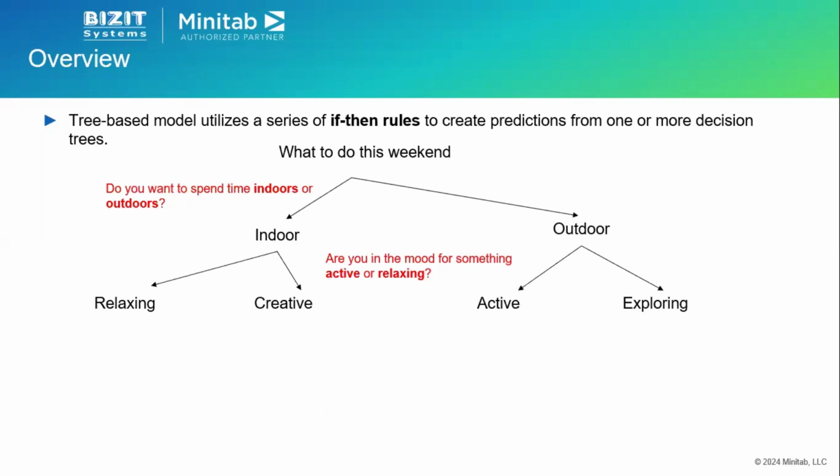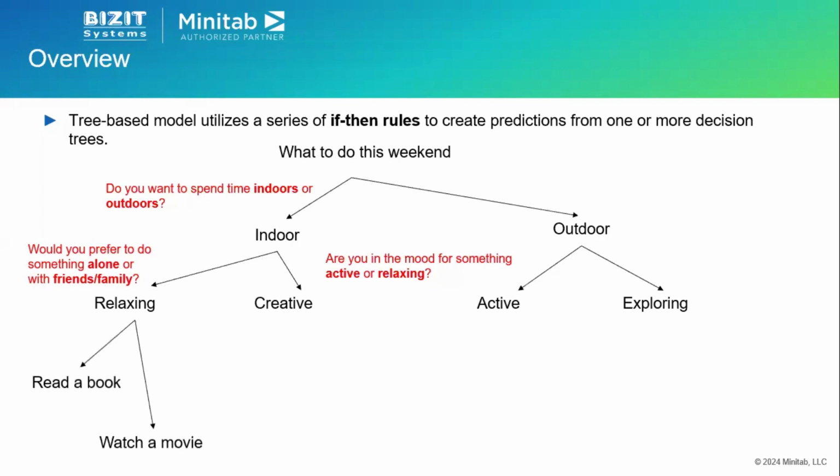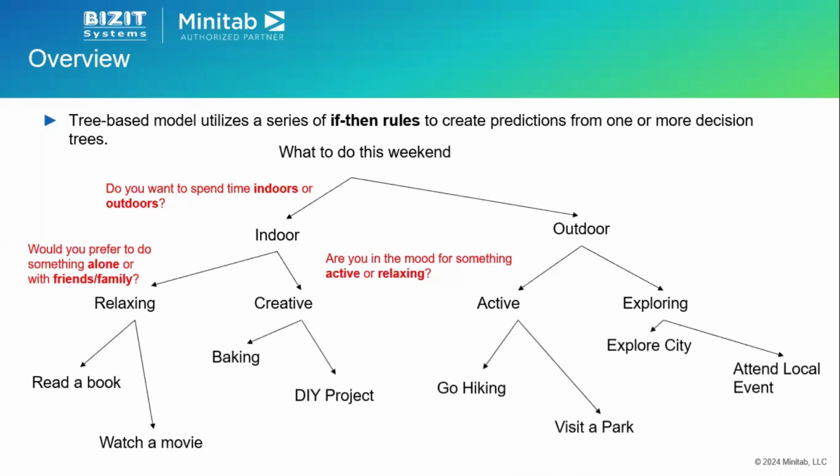Okay, so from this part, maybe you have another question you need to answer. Maybe it's, would you prefer to do something alone or with friends or family? So something like during relaxing, maybe you want to read a book, it's a lonely activity. Maybe you want to watch a movie with your family, or maybe you have other ideas on this part.